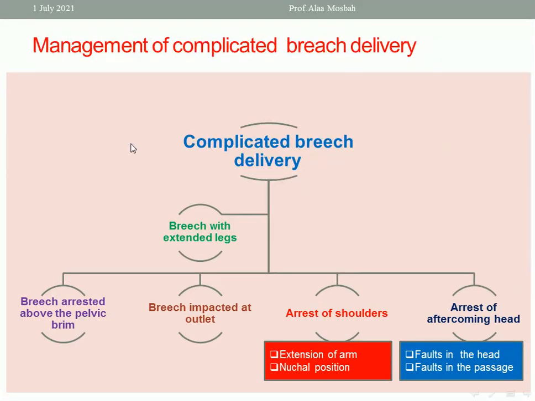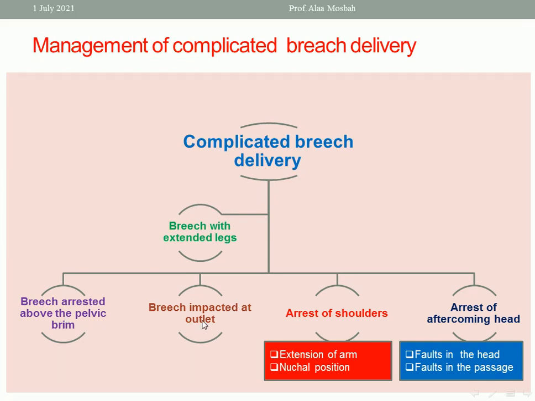What about the management of complicated breech? Complicated breech, like breech with extended legs, or breech arrested above the pelvic brim, so it needs cesarean section from the start, cannot enter the pelvic inlet.